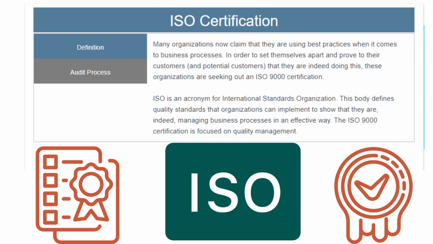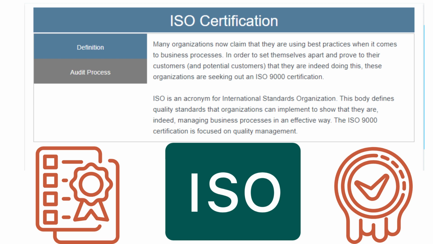ISO certification. Many organizations now claim that they are using best practices when it comes to business processes in order to set them apart and prove to their customers that they are indeed doing this. These organizations are seeking out an ISO 9000 certification.